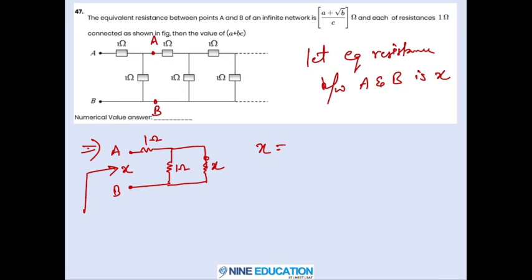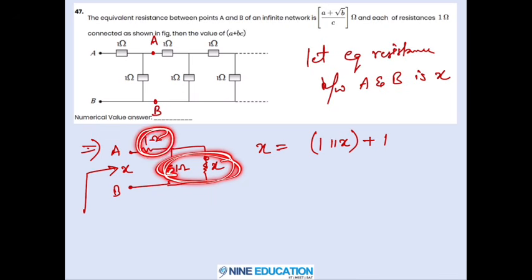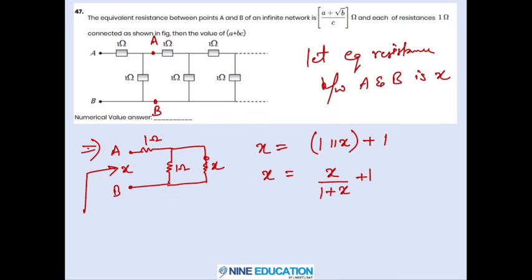So X is equal to the parallel combination of 1 and X plus the series combination of 1. I hope you understood. 1 and X you take in parallel and then you add it to 1, then you should get X. So if you solve this, X is equal to 1 into X by 1 plus X, plus 1.